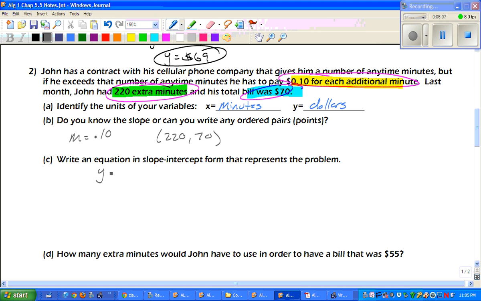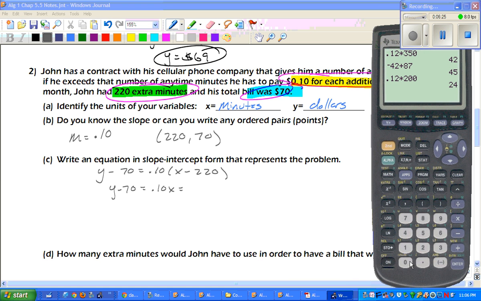So now we're going to go back into the equation. y minus 70 equals 0.10 times x minus 220. So when we go through and solve that, 0.10 times 220 gives us 22.